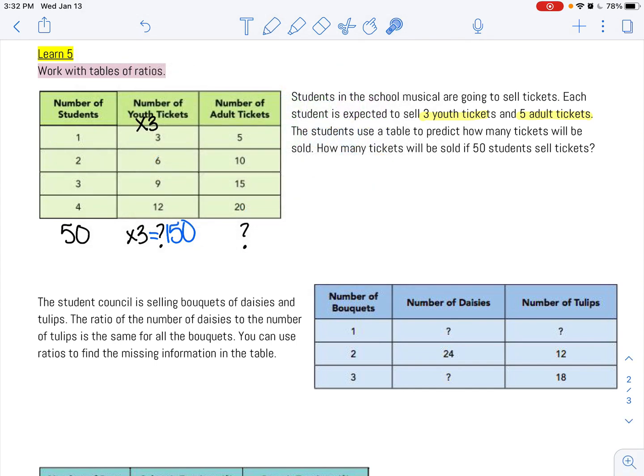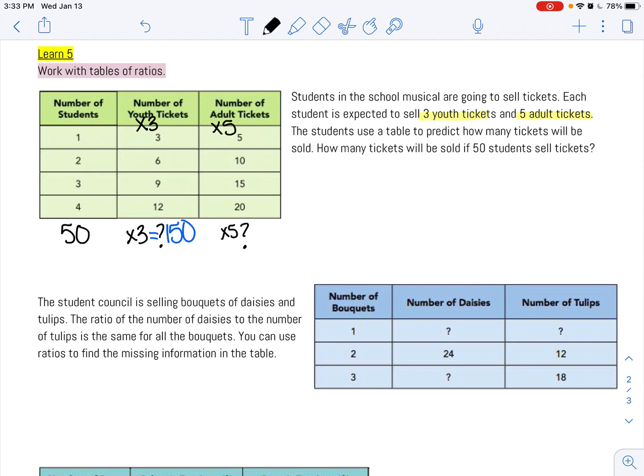If I apply what I just thought about in the connection between for one student, the youth tickets, they sell 3, I'm multiplying by 3. In my adults column, for every student, they're going to sell 5 tickets. So 1 times 5, or the number of students times 5, is going to allow me to figure out how many adult tickets can be sold.